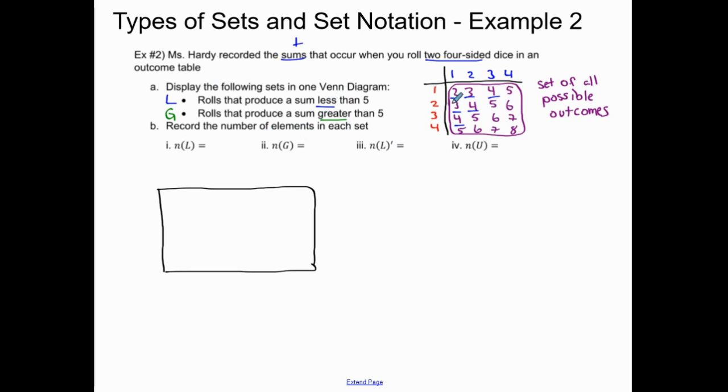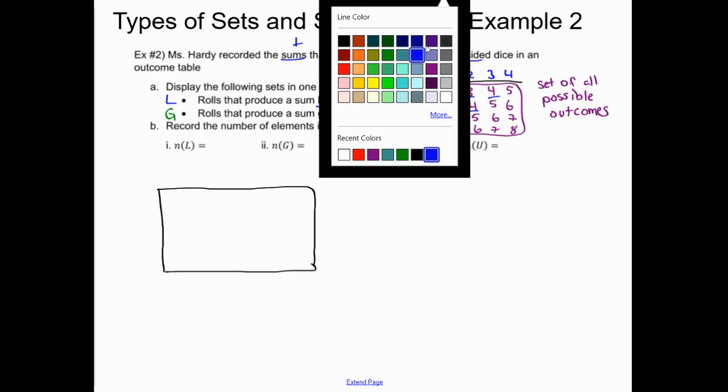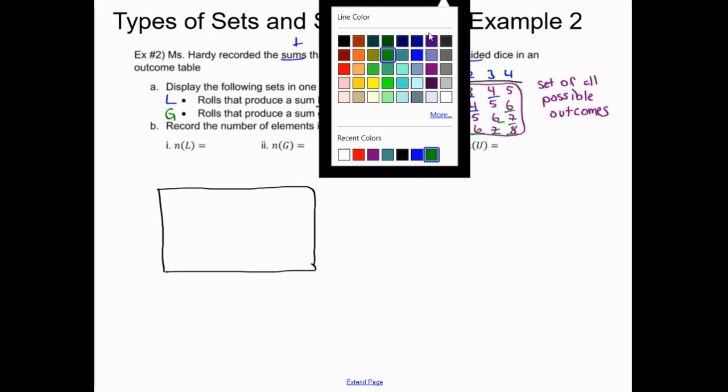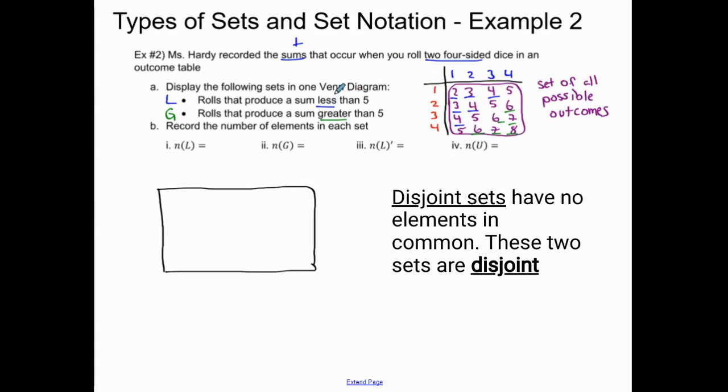Okay, so those are my sums that are less than 5. My sums that are greater than 5 are 6, 7, and 8. Okay, so there are no sums that are less than 5 and greater than 5. So these are two disjoint sets. They have no elements in common. So there are no rolls that are greater than 5 and less than 5.